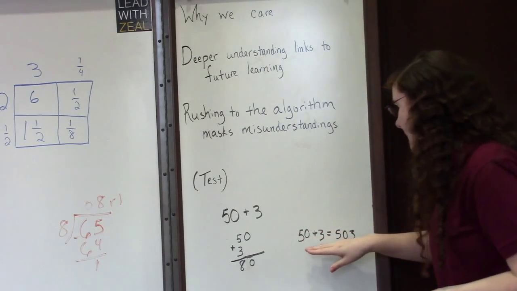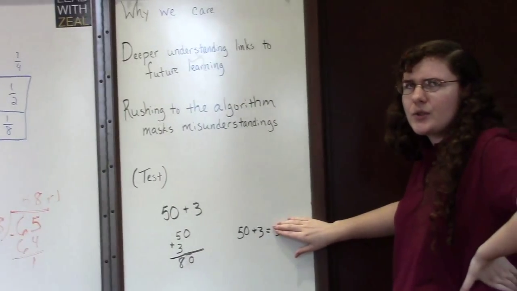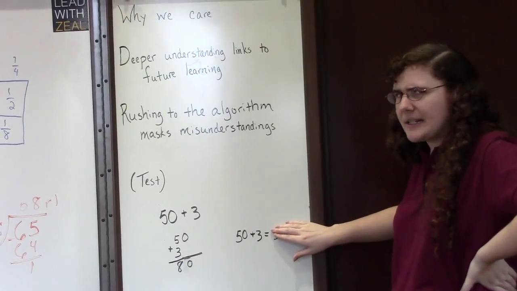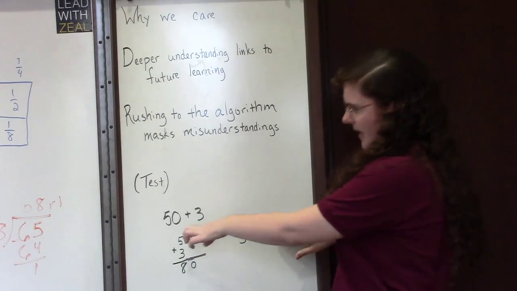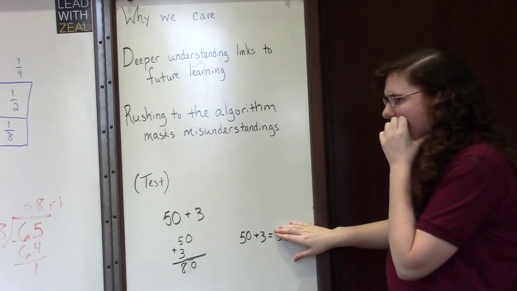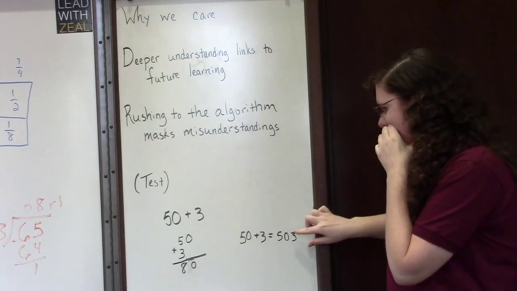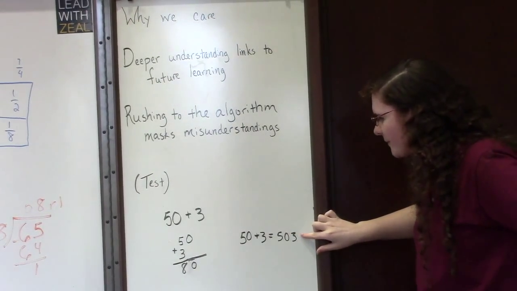Another way they might mistake it is, well, 50 plus 3, so that's 53, isn't it? If they happen to know in their heads that this is the 10s and that there's some 1s after it, and then 50 and 3, so 50 and 3, right?